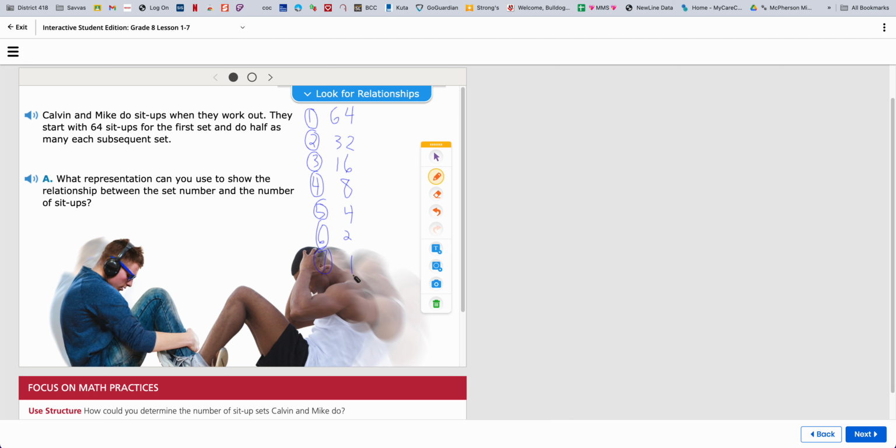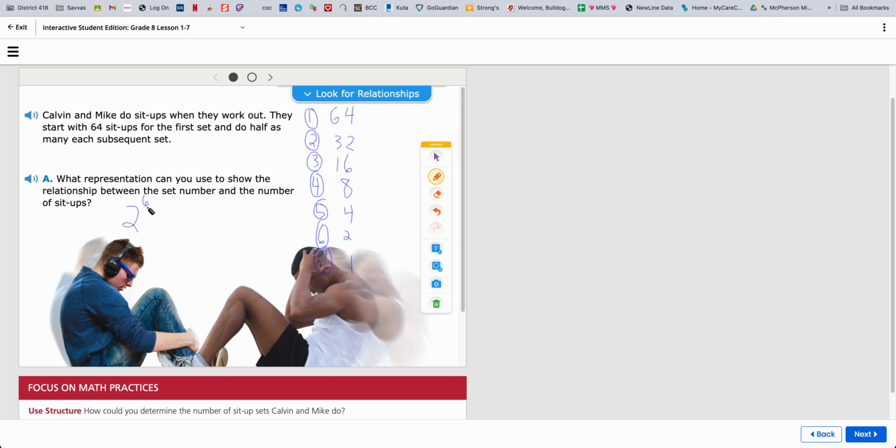You agree? Repeated multiplication. So, for instance, 2 to the 6th power is 2 times 2 times 2 times 2 times 2 times 2, right? 2 multiplied 6 times.